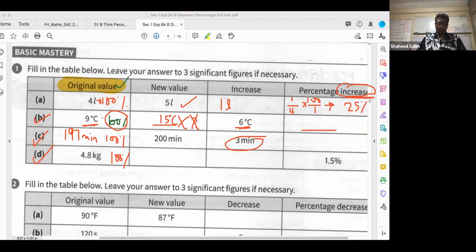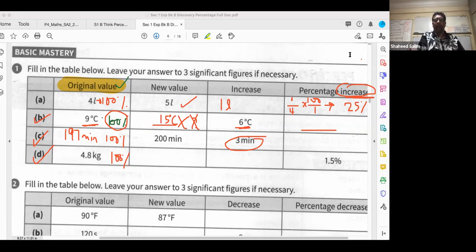Let us see whether Sophia is correct. Sophia made a mistake. Cannot be lah, Sophia. Something is wrong. Sophia, your answer is wrong. The new value cannot be that. I think Shafika, you also made a mistake.